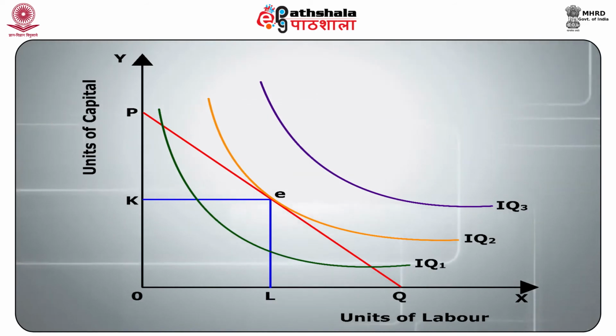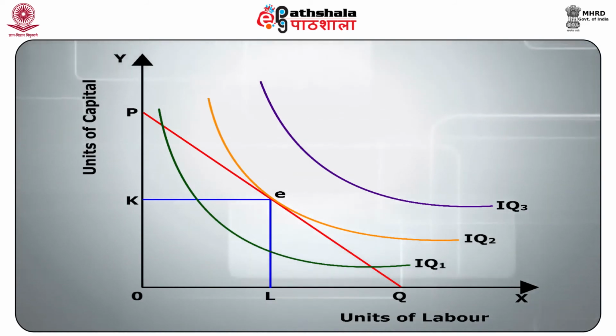Any point on a lower isoquant gives lesser output. Thus, point E is the equilibrium point. At the point of tangency, the slope of the isoquant and the slope of the isocost line are equal.